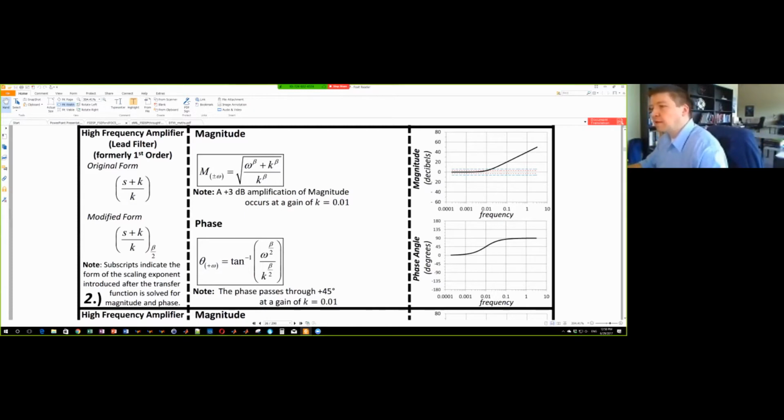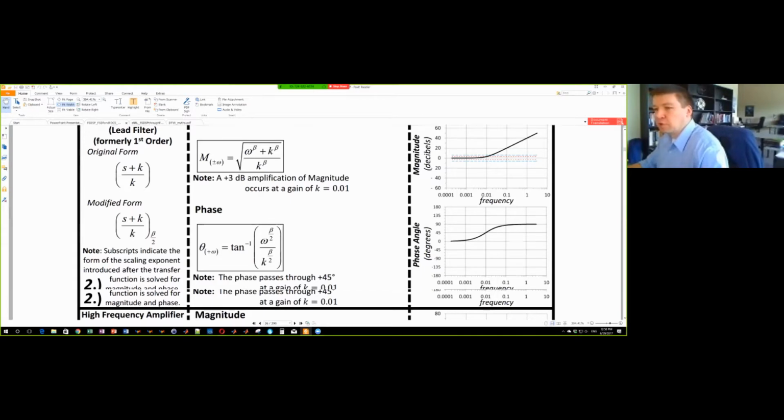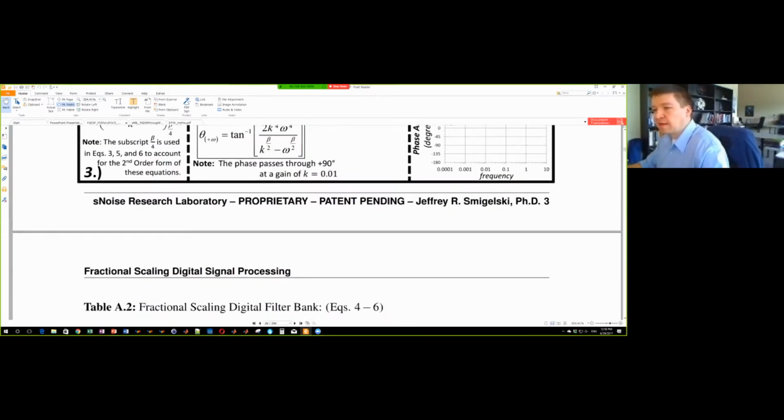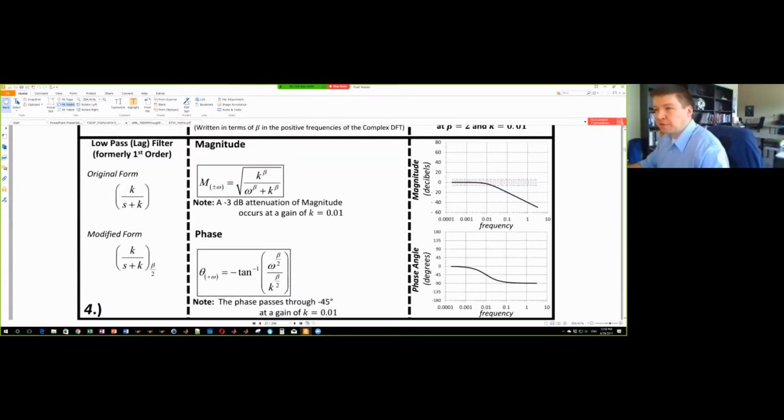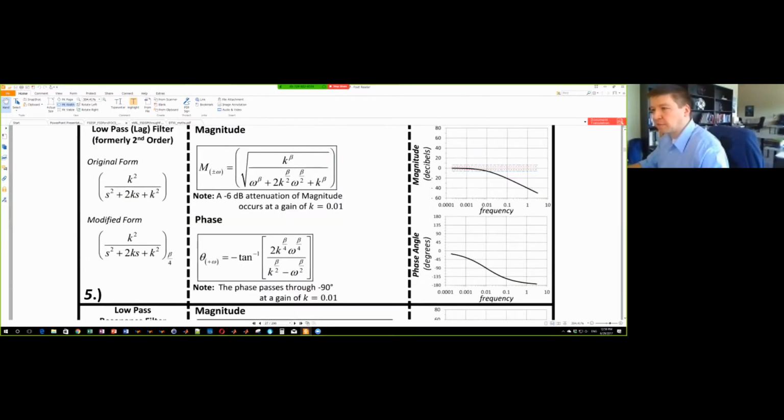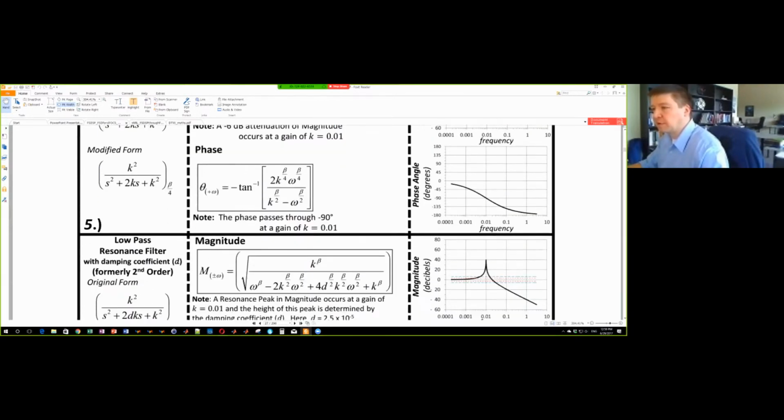And then you also have a low-pass filter that is pretty much the inverse of the high-frequency amplifier, where at the gain value it bends down at -3 decibels. This is fairly standard for digital signal processing, but the difference is including the scaling exponent.